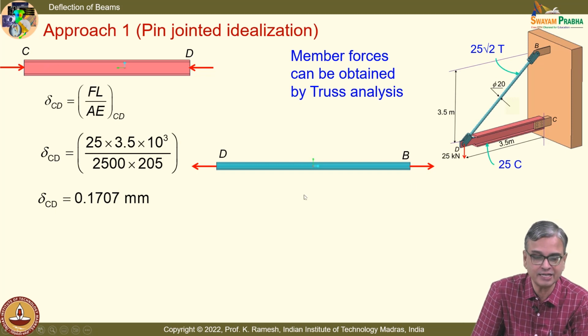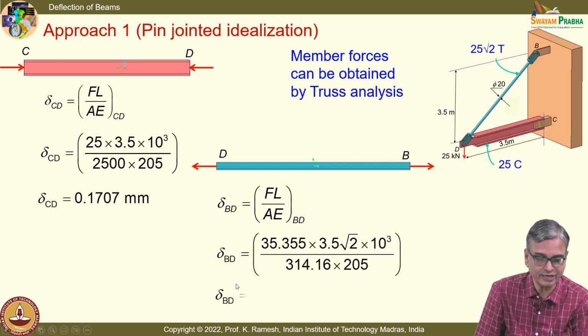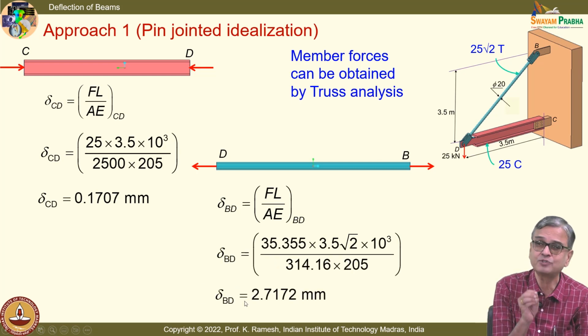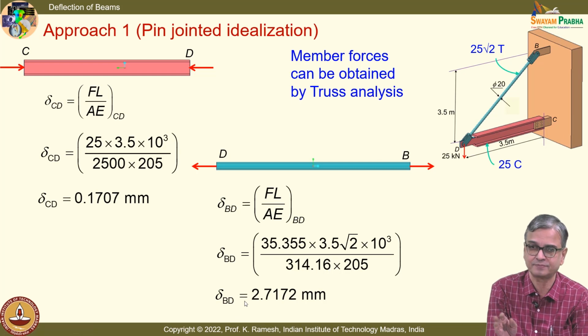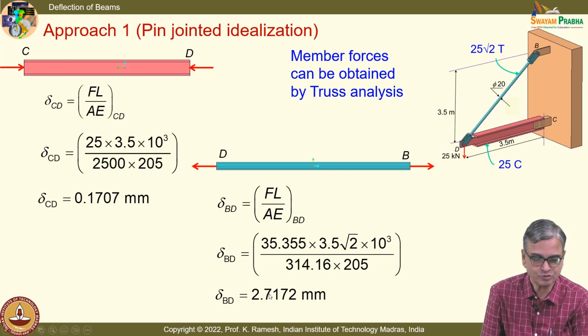So, the I beam gets compressed by this amount and this tie rod gets elongated by this amount. I have given only the absolute value of the deformation. That's much more convenient when you handle problems like this. You attach the sign later. Calculate the magnitude, attach the sign later. It has 2.7172 millimeters.